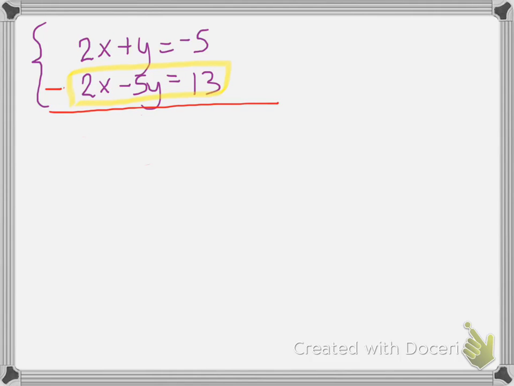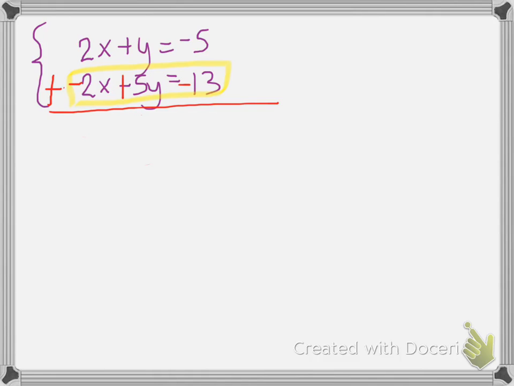I will forget. So what I do is I stick with addition, but I change all these signs. So I change everything that was a positive to a negative. Everything that was a negative, I change to a positive. The reason that works, two ways you can think about it. You can think about me multiplying everything by negative 1, and with an equation, you can multiply anything you want, as long as you do it all the way through.